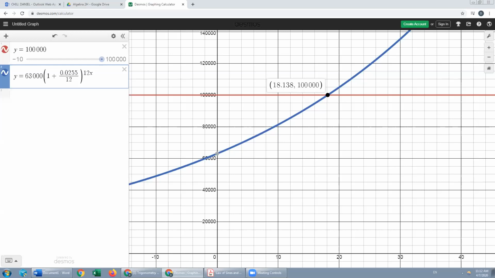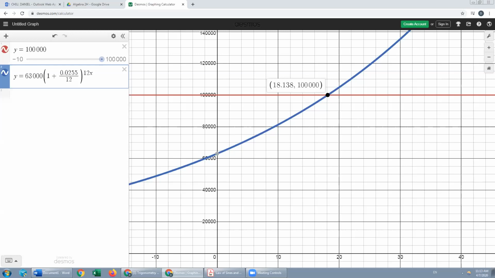So that point of intersection, 18.138, comma 100,000. And so it takes 18.14 years approximately to have that account gain interest such that it accrues to $100,000.